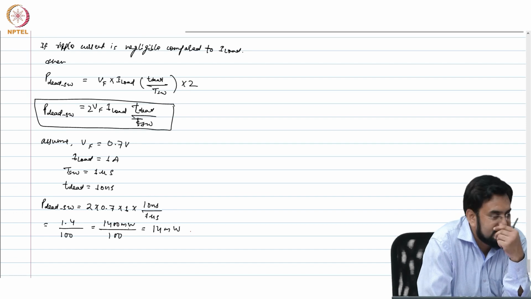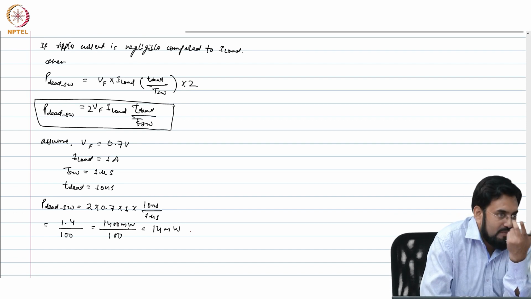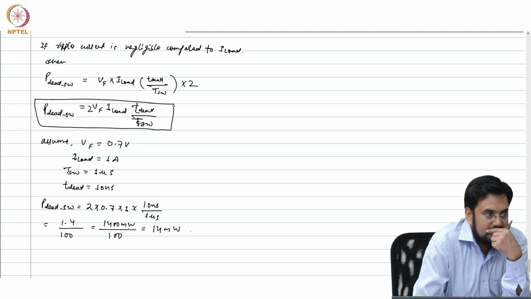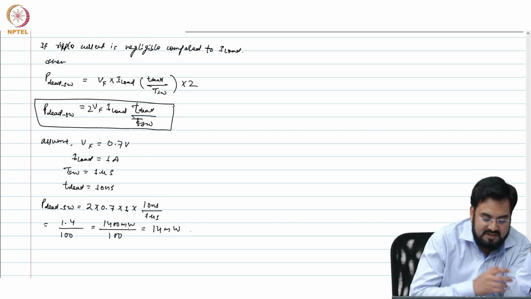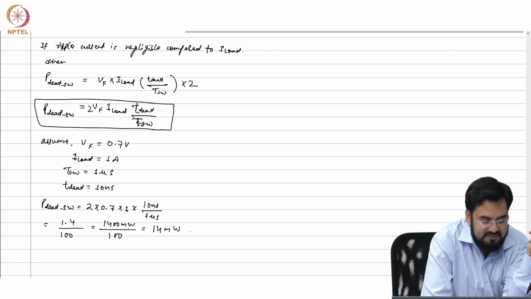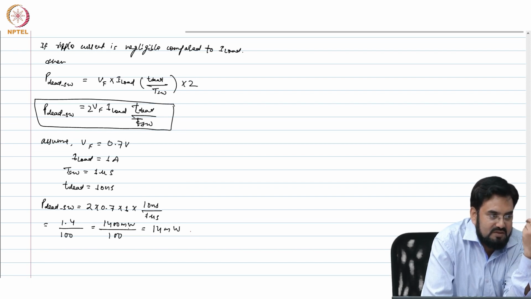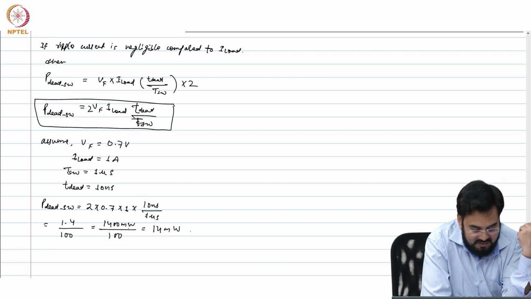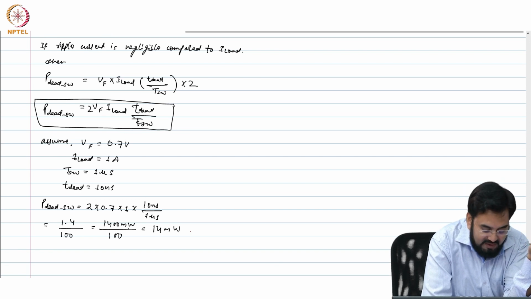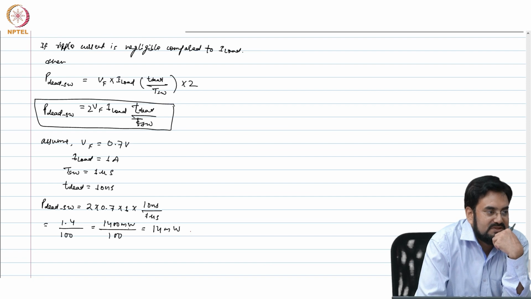So 1.4% is not small actually. Okay, when you are competing with different parts or different competitors, you try to extract even less than 1% efficiency. So ideally I would like to minimize this as much as possible.